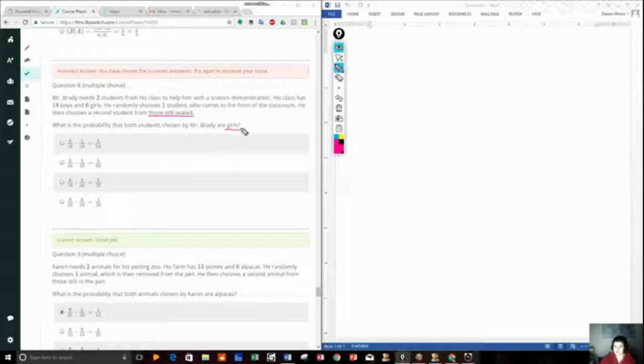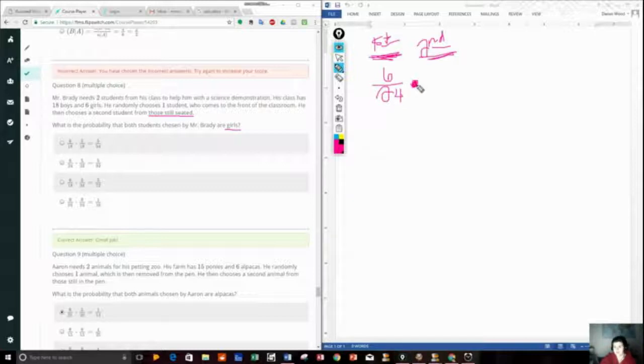Okay, what is the probability that both students chosen by Mr. Brady are girls? Okay, so I'm going to think of this as the first selection and a second selection. So this is my first time picking, and this is the second time picking. The first time, if I choose a girl, there are 6 girls out of a total of 18 plus 6, which is 24.